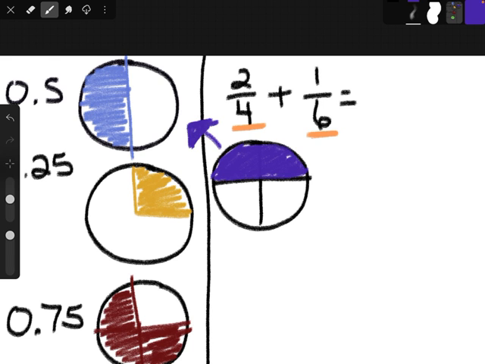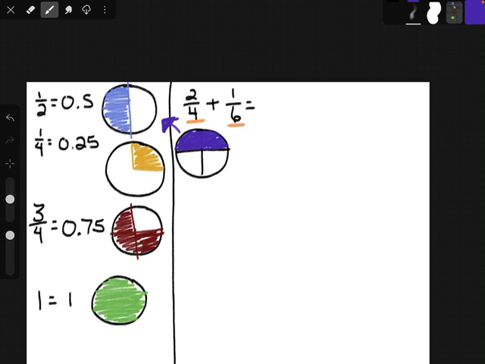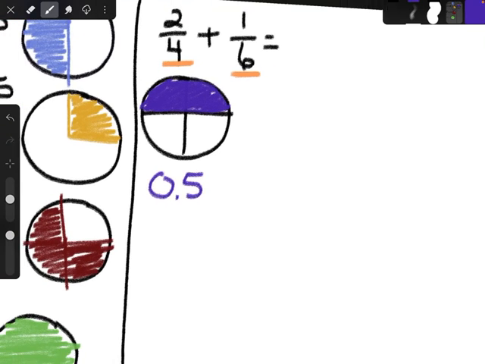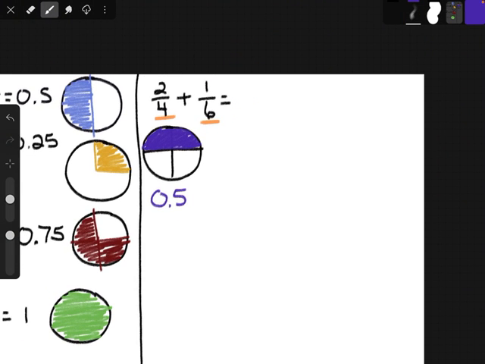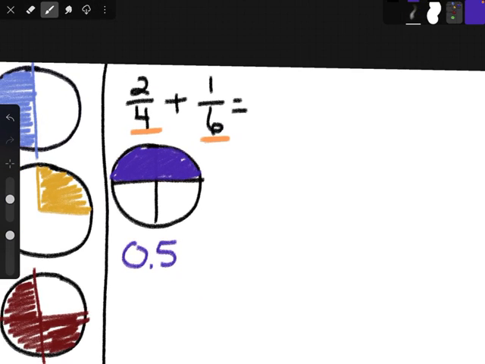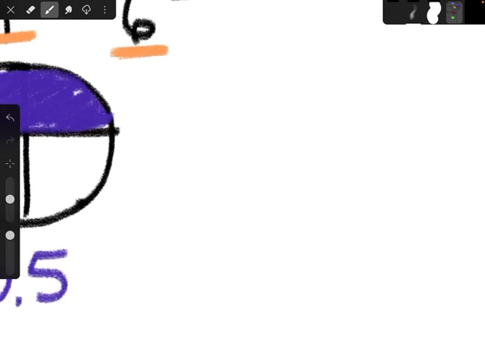So it's half of the pie. So that means 2/4 is half of the pie. We got to document that. So this is 0.5 and half the pie. And don't pay attention to the fact that it's not even. Just pay attention to it's about half the pie.